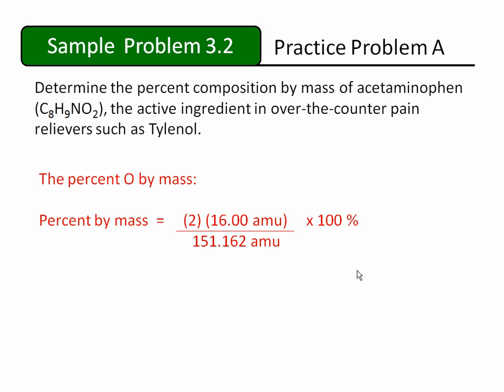Last but not least, the oxygen will be 2 times 16.00 AMUs divided by 151.162 AMUs times 100%. This calculation results in 21.1693415%. This is also rounded to 4 significant figures, and we have 21.17% oxygen in acetaminophen.